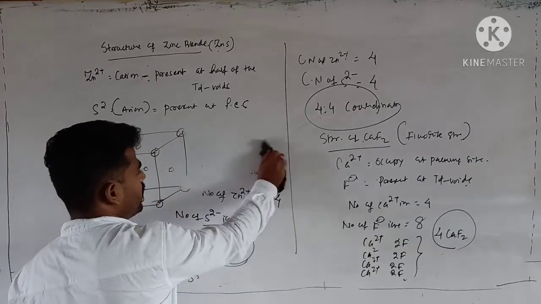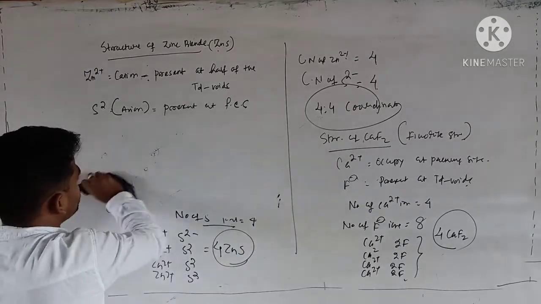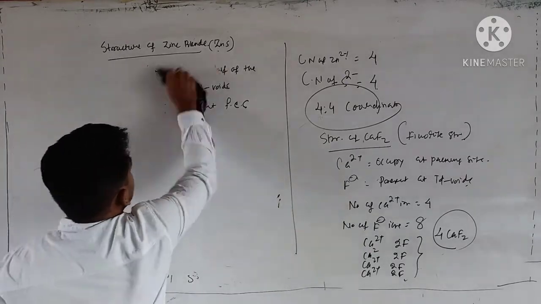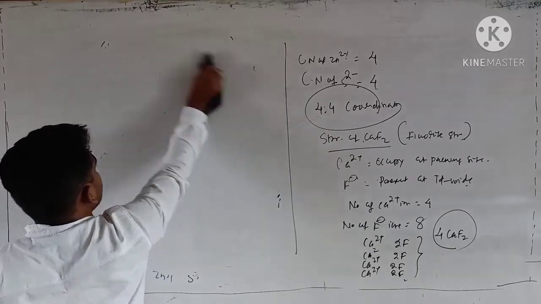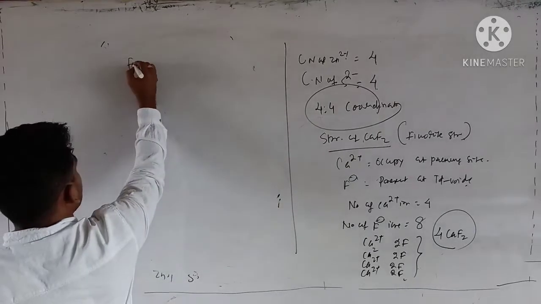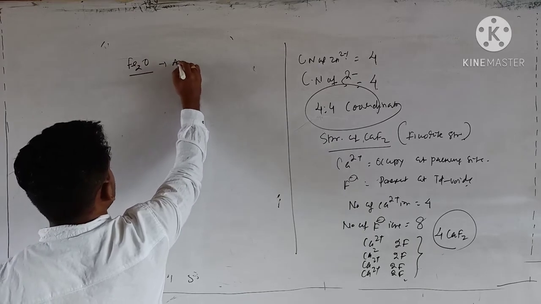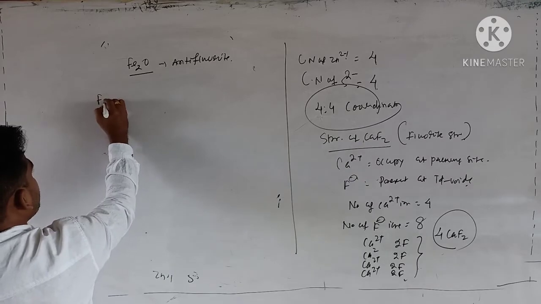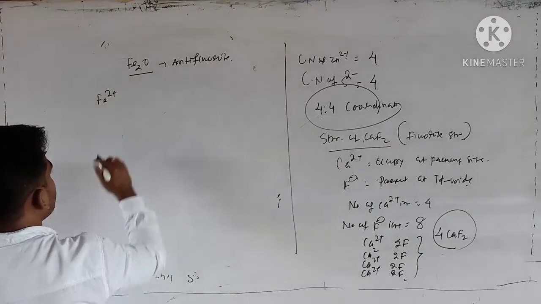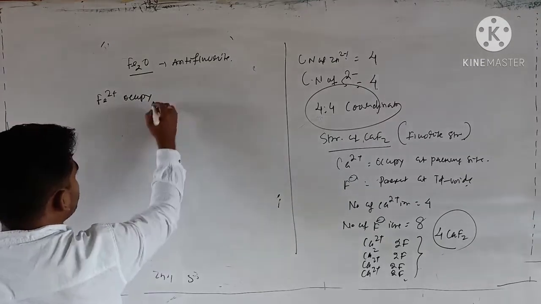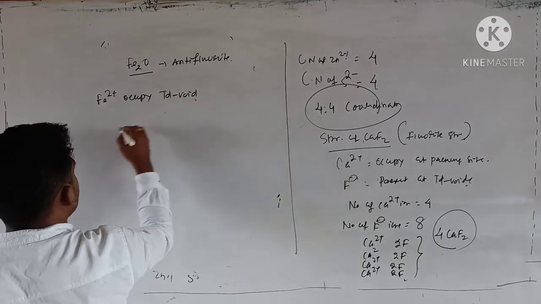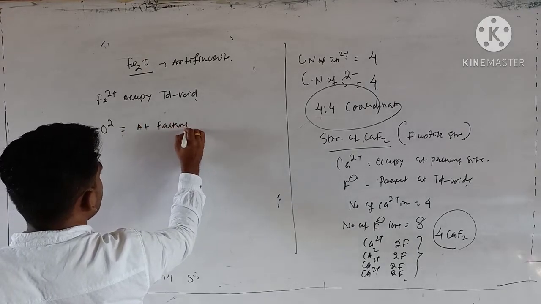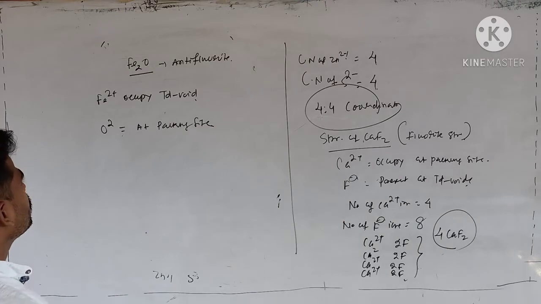Next, antifluorite. You can say antifluorite is the reverse case of fluorite. Antifluorite means, if you consider the structure of Fe2O, here the Fe ions occupy tetrahedral voids and O2- at packing sites.